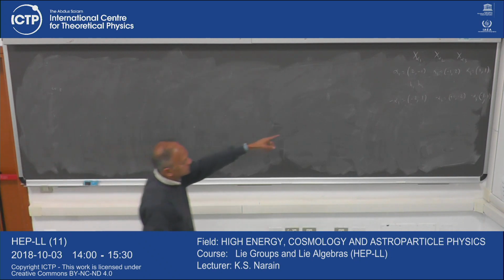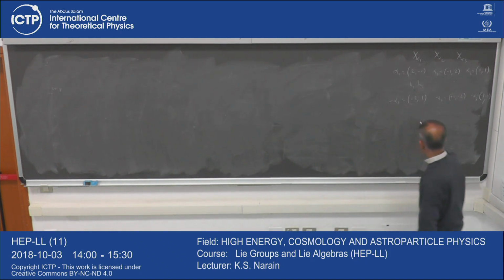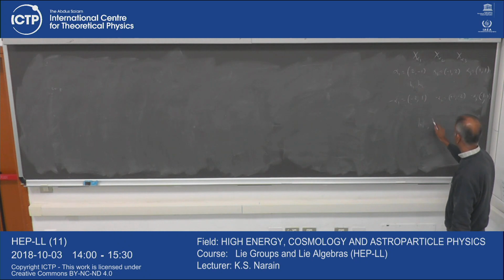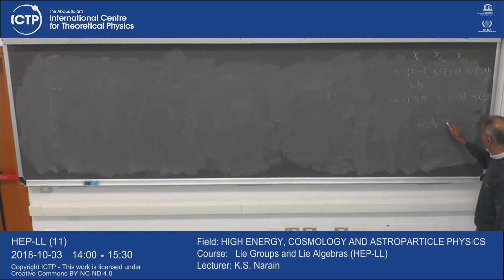Now, in this basis, it was not so nice, right? However, then we went to the basis for H1 and lambda 3, lambda 8. Lambda 8 was, I forget now, 1 over root 3 times 2H1 plus H2.